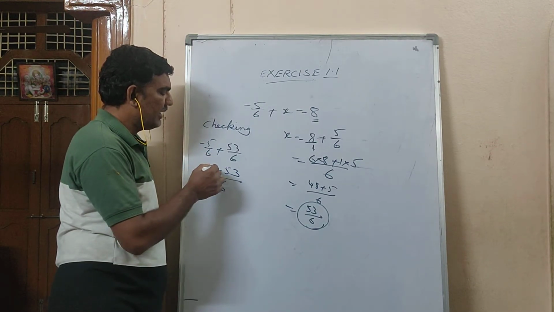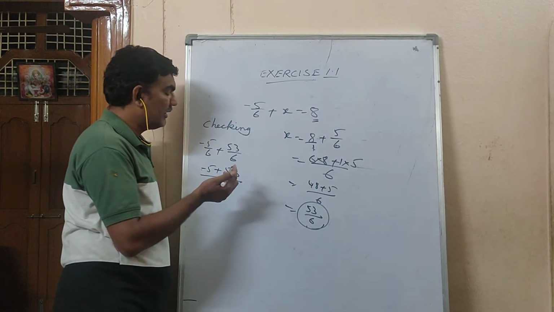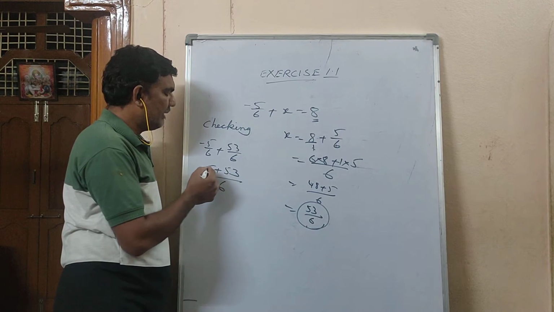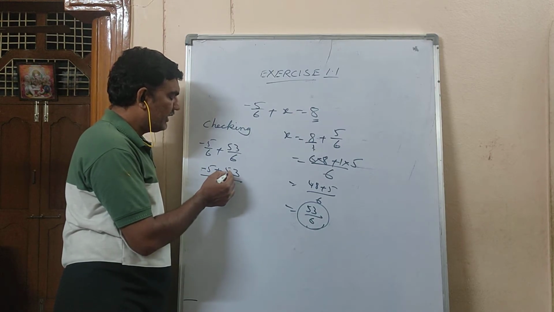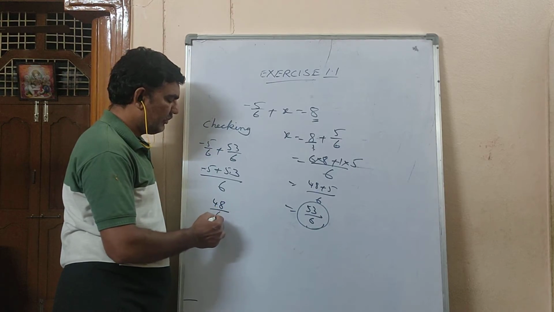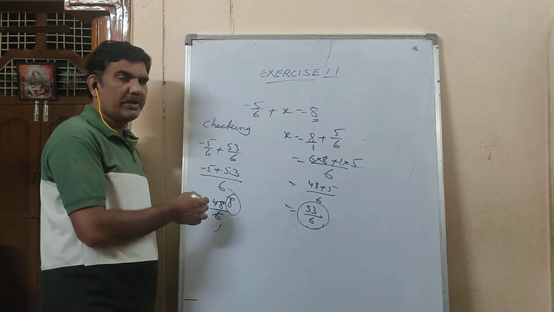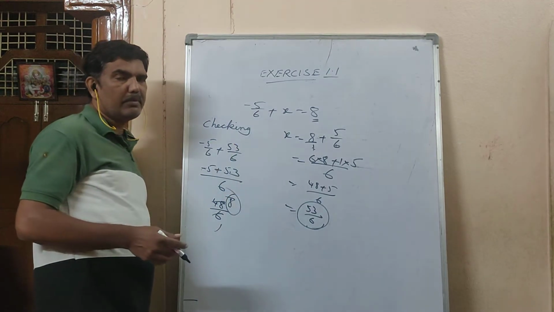Here one is minus and the other is plus, different signs, so you do subtraction. From 53 you subtract 5, which becomes 48 by 6. 6 eights are 48. So what answer did you get here? 8. So our problem is correct.